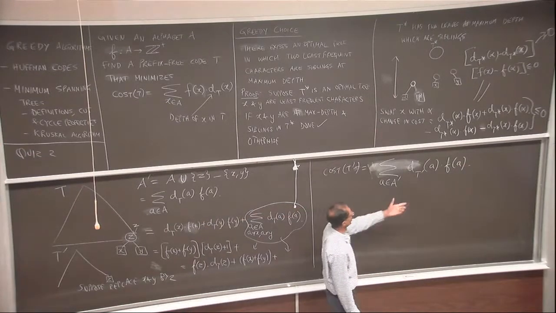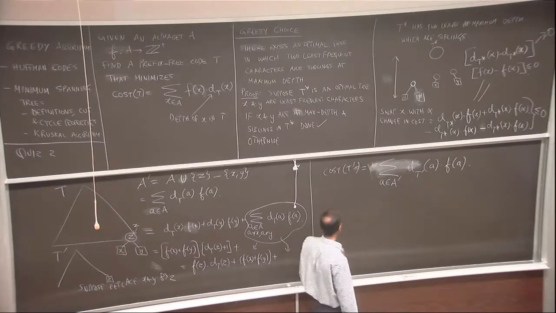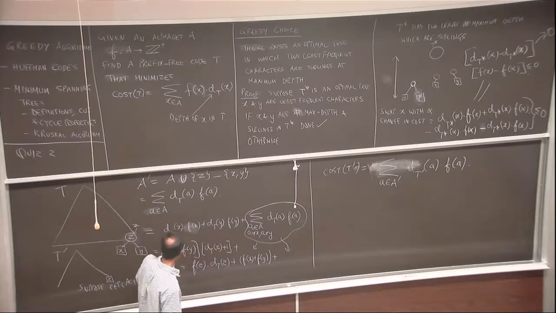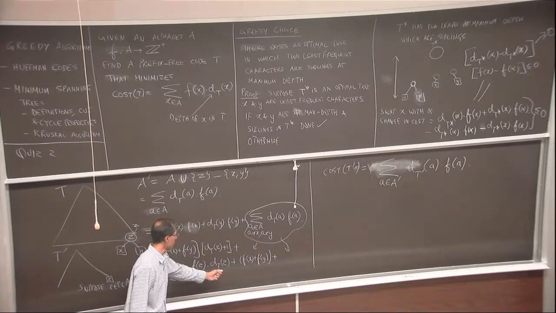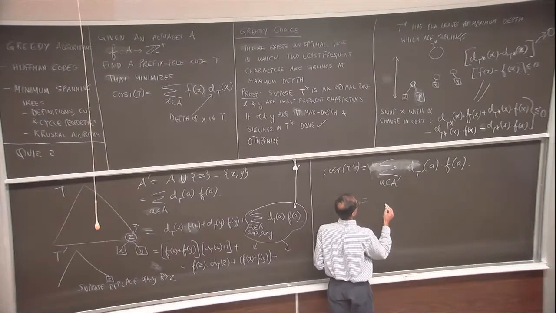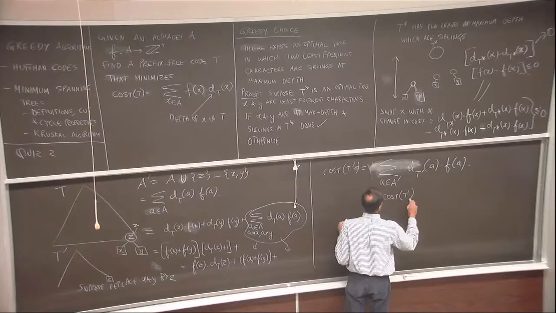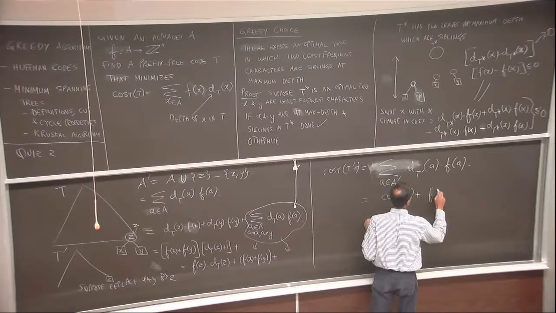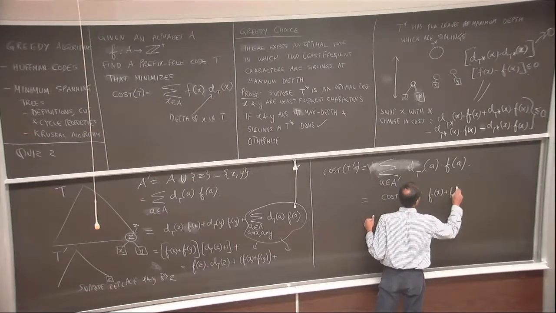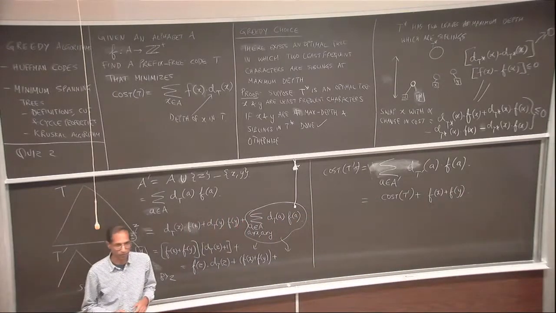But for d T prime of a, the depth of every character is exactly the same. The only difference is that now we replace the depth of x and y with the corresponding depth of z. So this is exactly the same as cost of T prime plus f of x plus f of y.